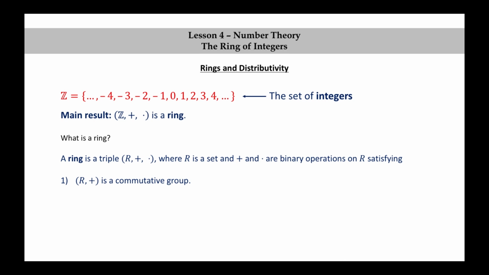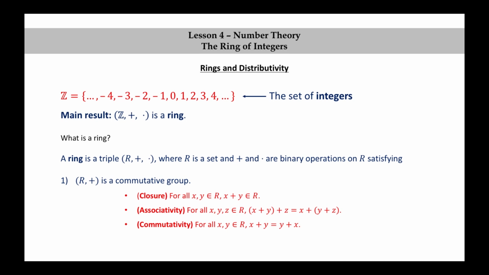Now remember that being a commutative group means that you satisfy a bunch of properties. Let's just review those. Closure. For all x, y in R, x plus y is in R. Associativity. For all x, y, and z in R, (x plus y) plus z is equal to x plus (y plus z).